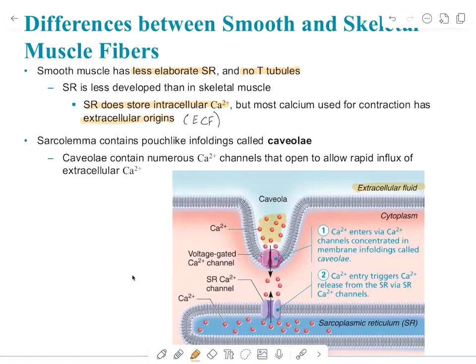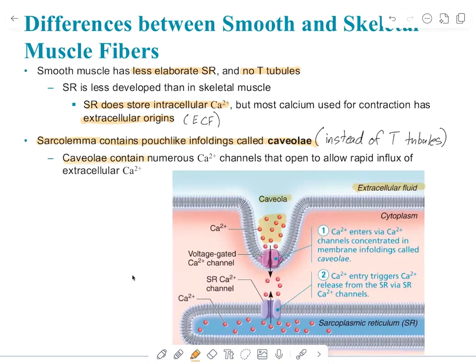So the sarcolemma is going to contain pouch-like infoldings called caveoli. The caveoli are basically instead of T tubules. So you need to be able to compare and contrast smooth muscle with skeletal muscle. The caveoli are kind of like caves.